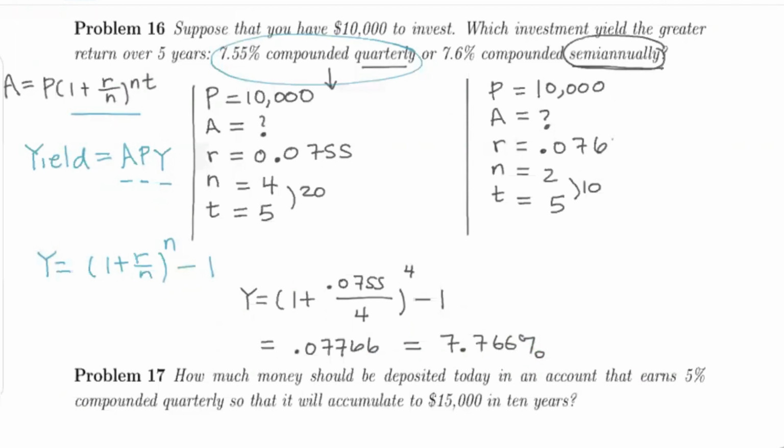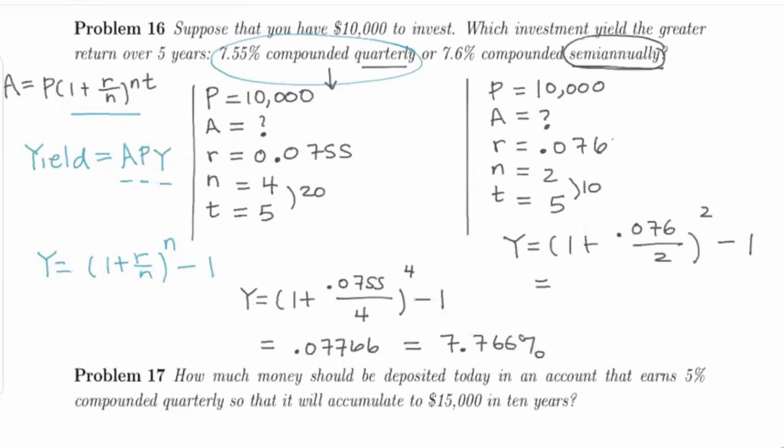The other account, y equals 1 plus 0.076 over 2, to the power 2, minus 1. I'll give you a minute, go ahead and find the number. Kyle, can you share your number with us? Wyatt, do you have a number? Olivia, do you have a number? No, I'm still doing it right now. Aaron, do you have a number? No, I don't.